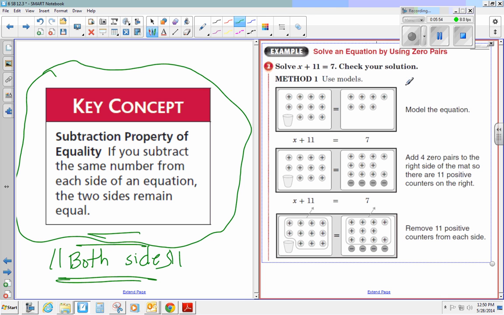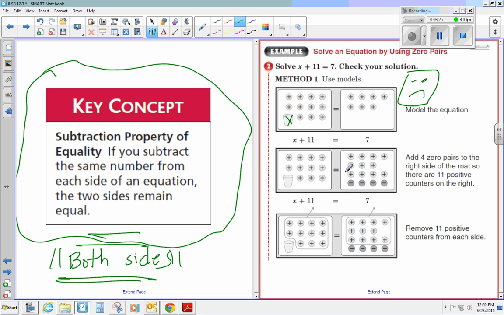So again, models, not that useful in the long run. What this is telling us to do is, all right, here's x and 11 positives equals 7. So using the model, we could, like before, try to do some canceling out, but there's not enough.